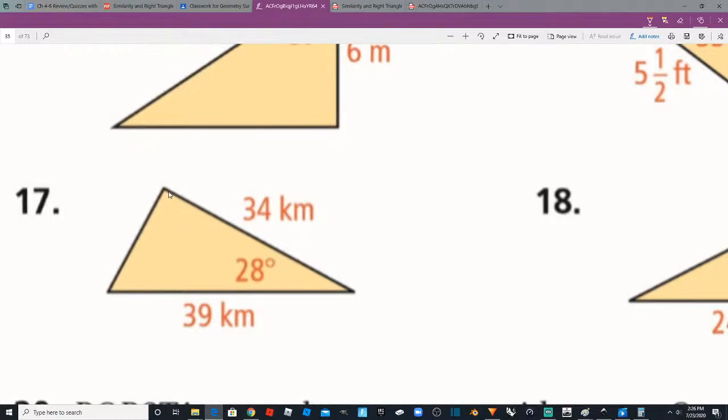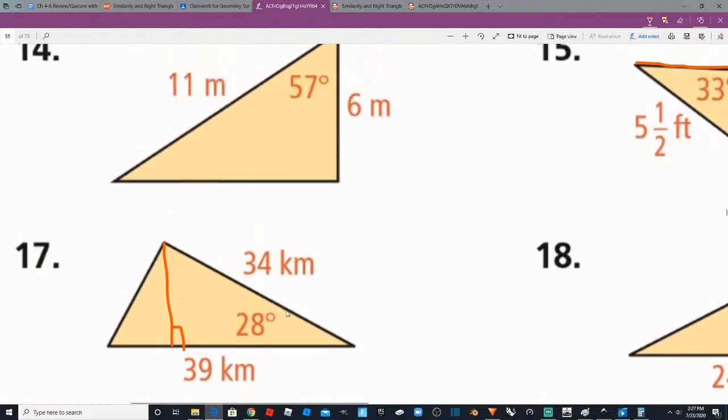Okay, I'll do this one. We know the hypotenuse. We want to know this, so the opposite and the hypotenuse, that calls for sine. Sine of 28 is equal to opposite divided by hypotenuse.